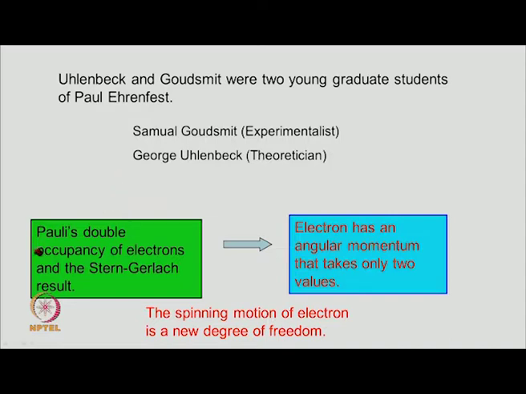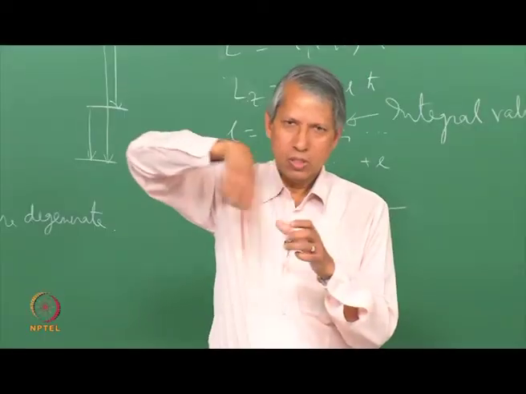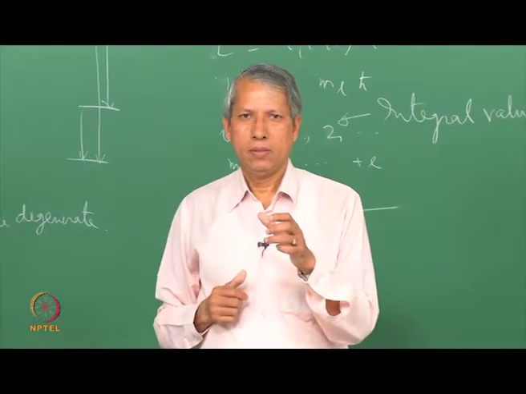They said that Pauli's double occupancy of electrons and the Stern-Gerlach experiment result both could be explained if they make an ad hoc assumption that electrons have another degree of freedom, which is their spinning about their own axis.